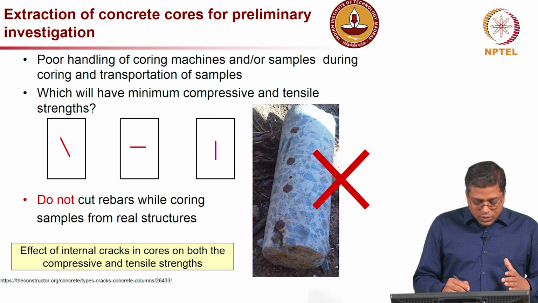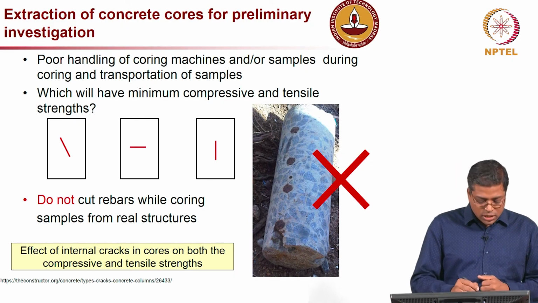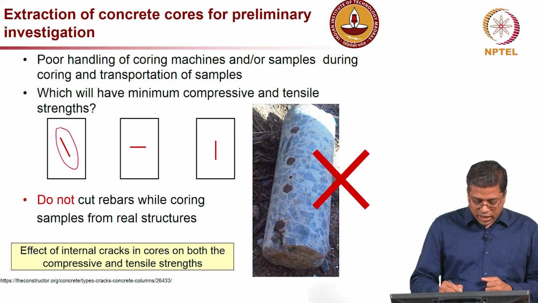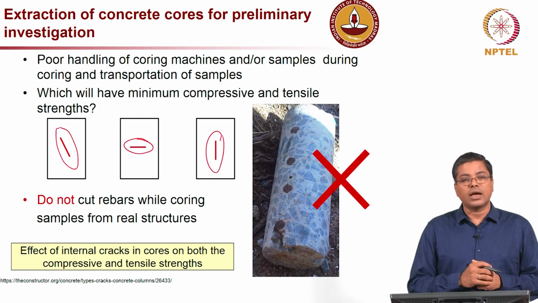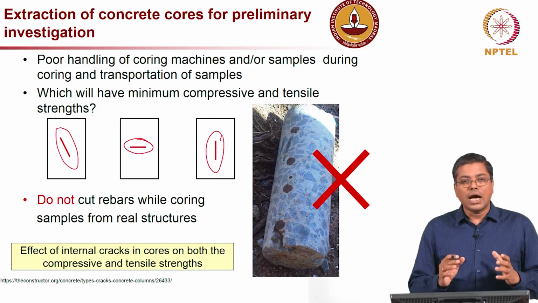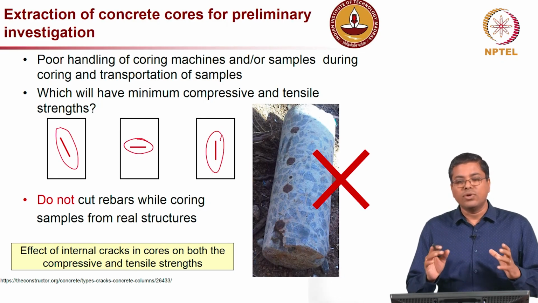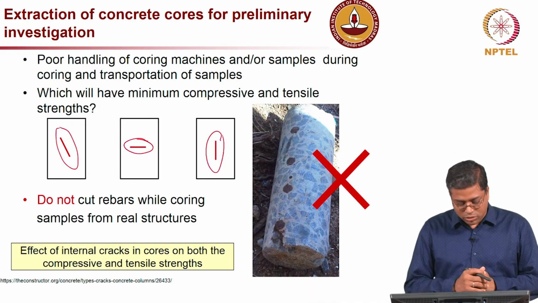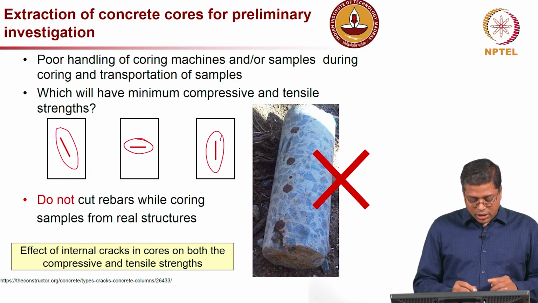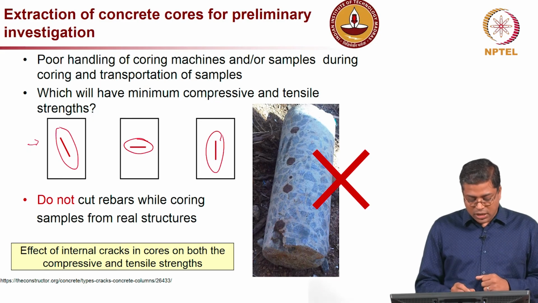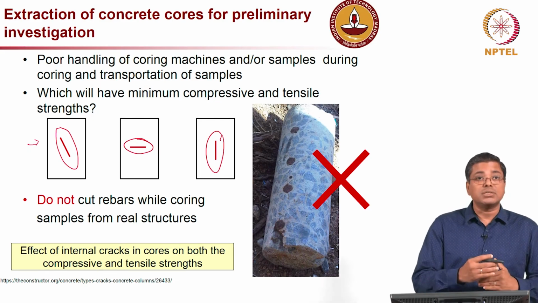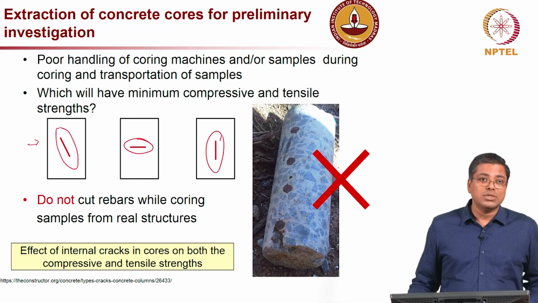Now, if there are cracks in the cores, if you have this kind of crack, or this kind of horizontal crack, or this kind of vertical crack, you have to really think how these cracks will actually influence the test result which you are going to get. In the first case here, there will be influence because as you compress the core, this crack might open up.